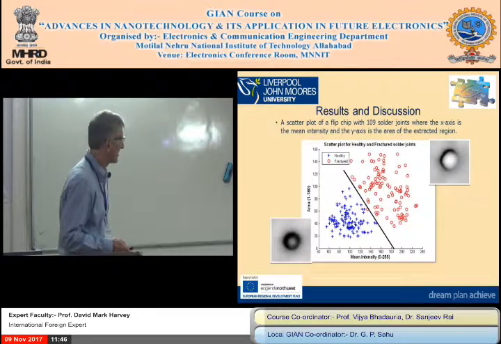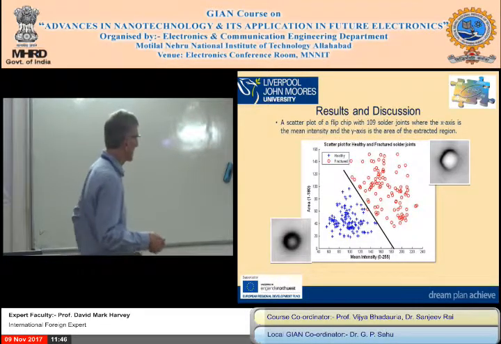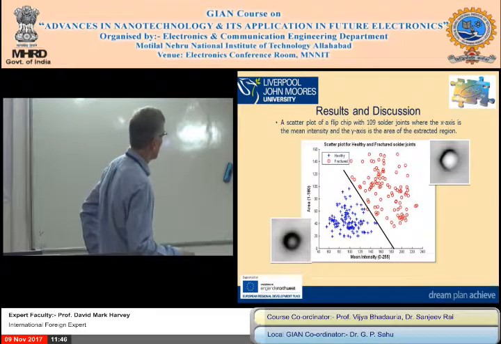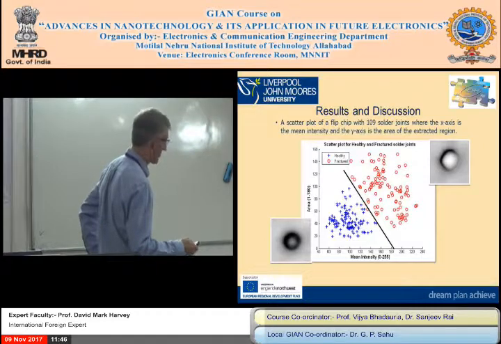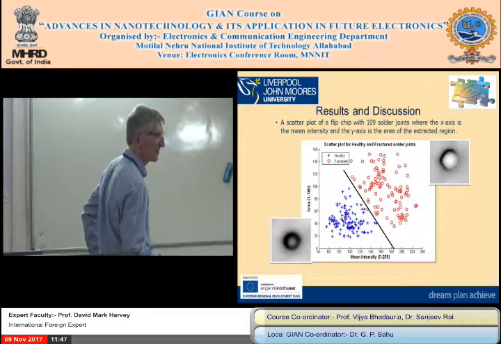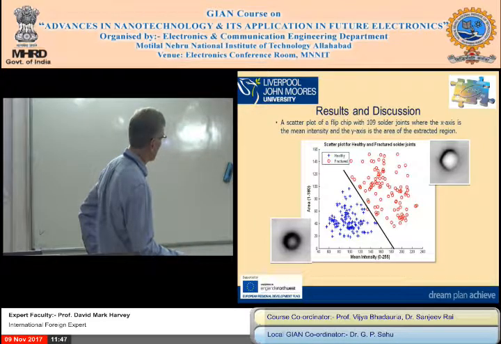So we plotted 109 results like this. Healthy joints are a plus on this side, this is a cluster. Fractured joints are over here, so mainly we're in two groups. So when you work out the grouping, we drew a line through the middle, but you still got this joint here, which is the one with the void. So this is healthy, a nice donut, and this is a bright one when it's fractured.